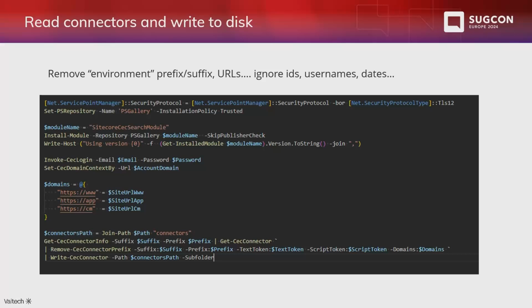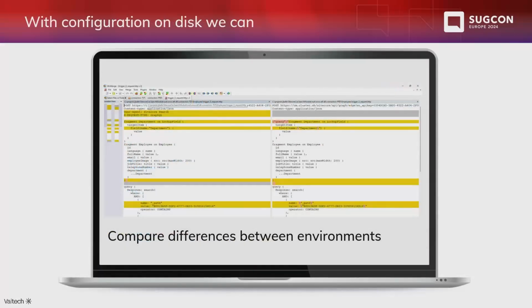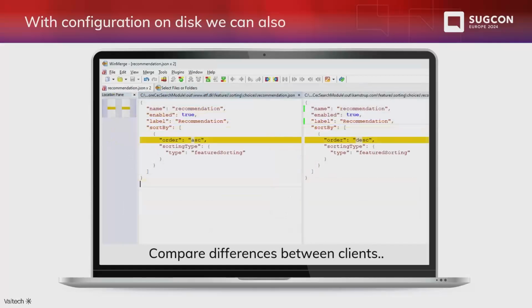So when we have a file on disk representing this, we have some options. We can compare differences between different environments. Here we have been changing something about a GraphQL. Should it be a GraphQL or should it be a JSON request? It's just a formatting, but there was a difference between those two sources. We can compare between different clients.